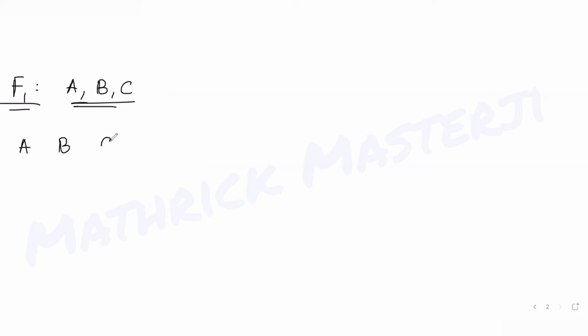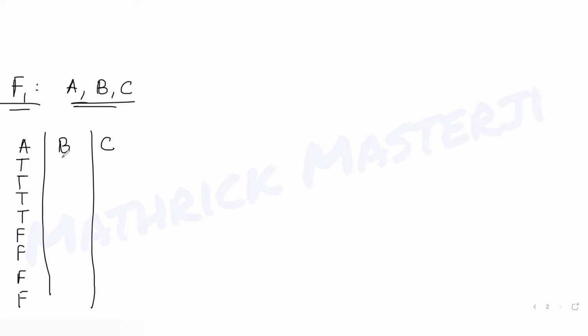For A, 4 times true, 4 times false. For B, 2 times true, 2 times false, then 2 times true again, 2 times false again. And for C, true, false, true, false, true, false, true, false. So I have my 8 outcomes for these three.